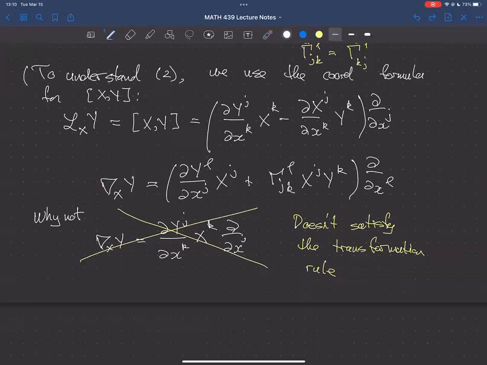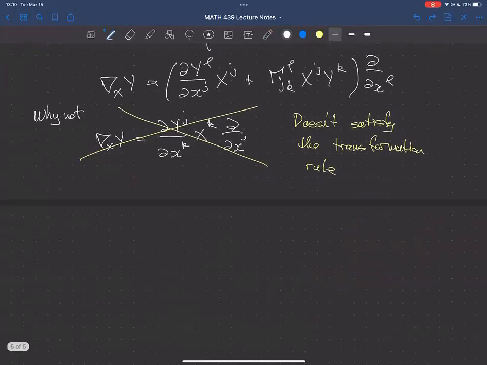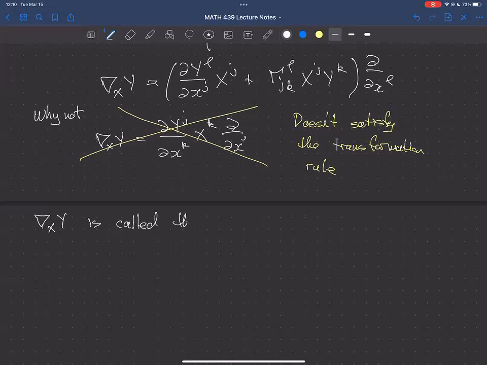Okay, and in fact, this nabla xy is called the covariant derivative of y with respect to x.